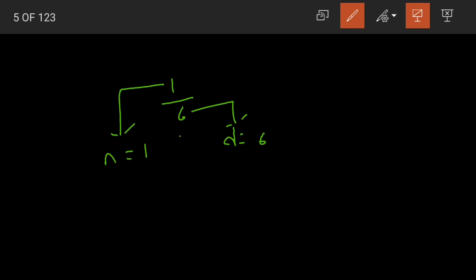If we compare them, numerator 1 is less than denominator 6. So this will be termed a proper fraction. When the numerator is less than the denominator, it is a proper fraction.